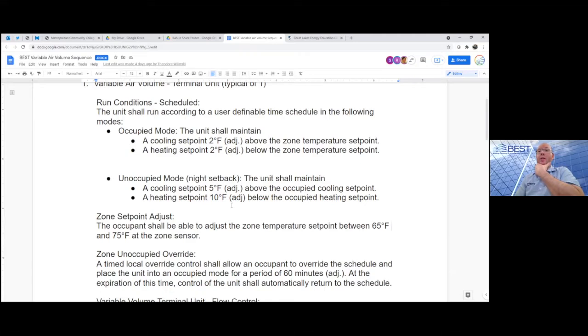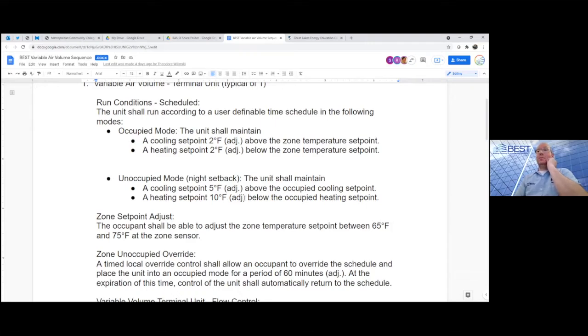Sometimes we have to let a building run for a little while, and depending on the situation, sometimes your building will recover much more effectively from a low temperature. It's easier to add BTUs to our building than it is to take away BTUs on a hot morning. So having that non-symmetrical setback is something that students need to at least be exposed to.